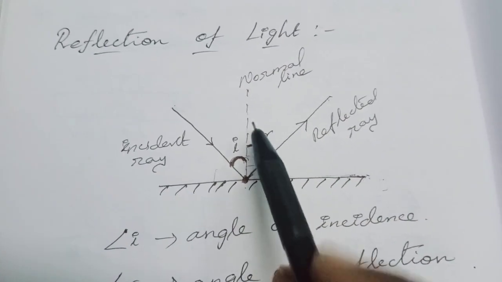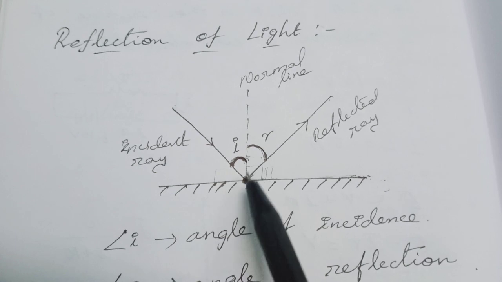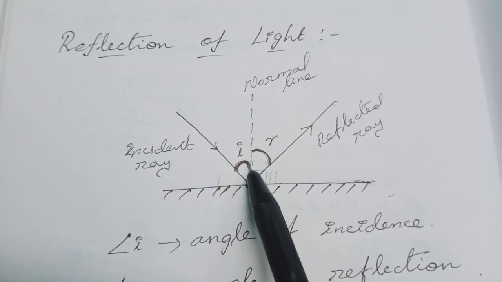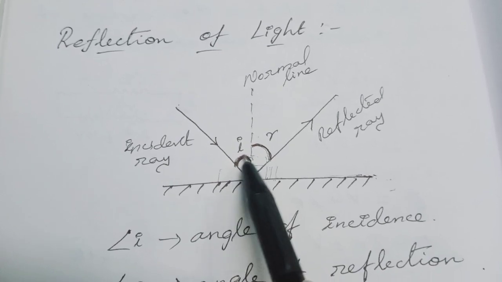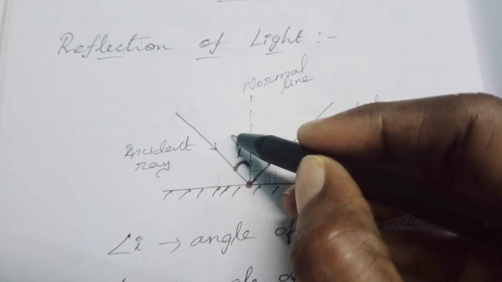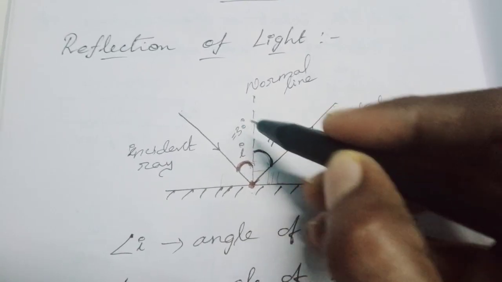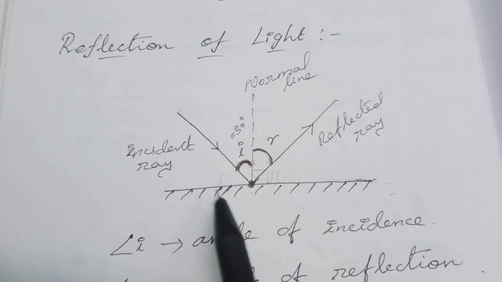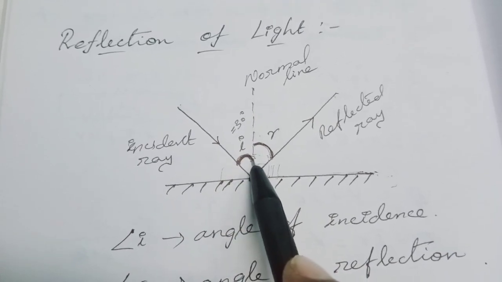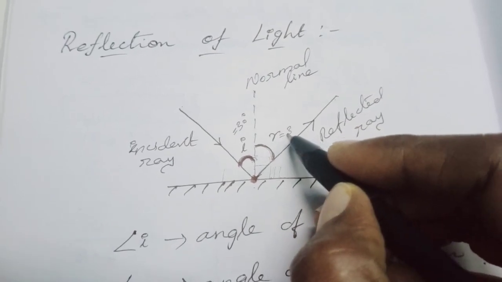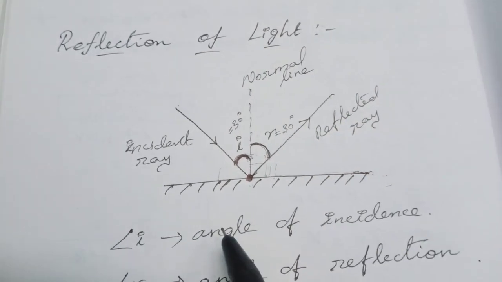Now, after drawing the normal line, we are able to measure this angle by placing a protractor over here. For example, if the angle of incidence is equal to 30 degrees, then the angle of reflection will also be equal to 30 degrees.